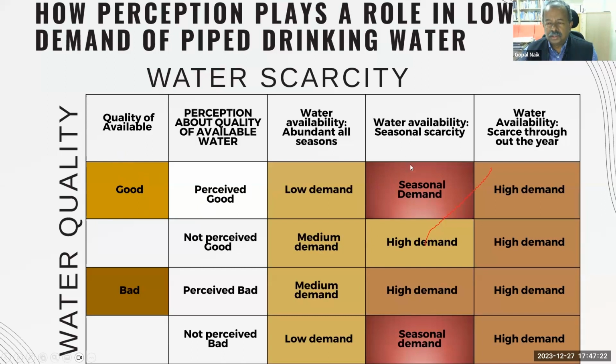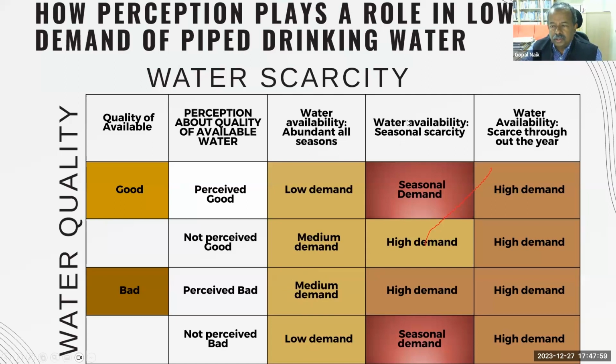And if there is a scarcity of water, even if it is seasonal, then we will see that the demand will be high for tap water. Similarly, if the quality is bad and it is perceived as bad, and the water availability is abundant, there will be a medium demand, because at least for drinking water, cooking purposes, and so on, people may want good quality water, though they might use the other water for washing and so on.